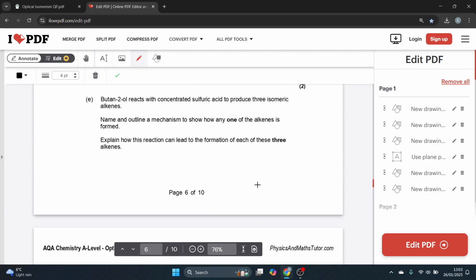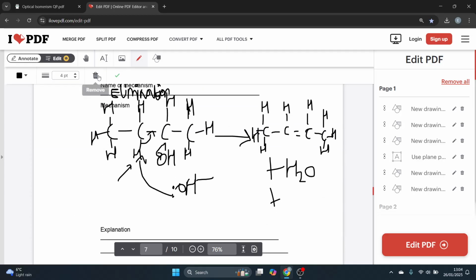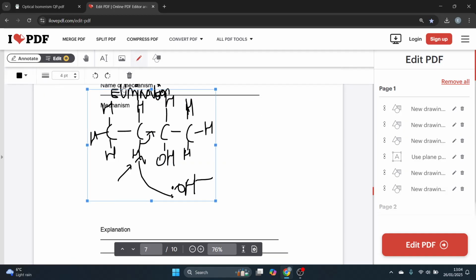Wait, what is it with though? Oh my days, I just completely misread the question. With concentrated sulfuric acid. So it's definitely going to be a very different mechanism. What happens when we don't read the questions correctly?